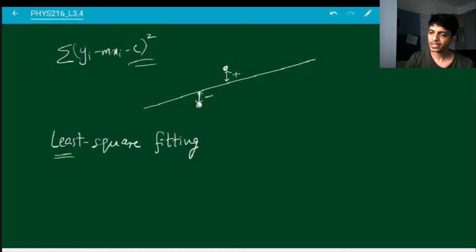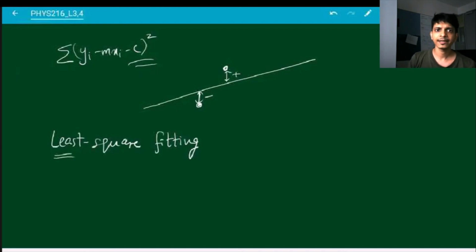So this is a very straightforward and very common procedure. Whenever you want to fit some formula with your data points, you do this. Of course, over here we took the simple case where it's only a straight line, but in general, even if you have some complicated function, you can do it the same way. Any kind of formula that you want to fit will have some coefficients. For a straight line, it is slope and intercept, so m and c.